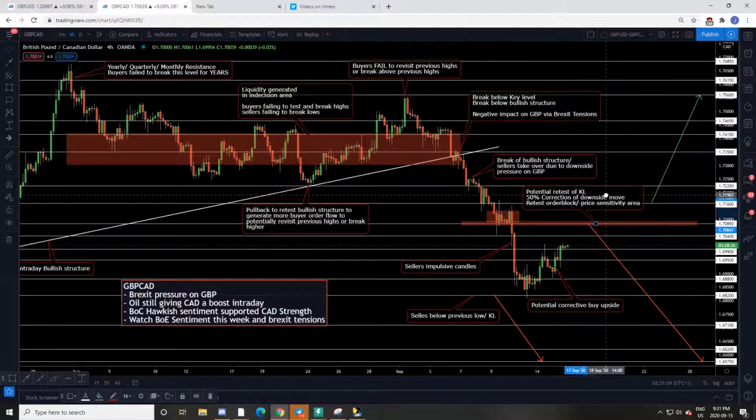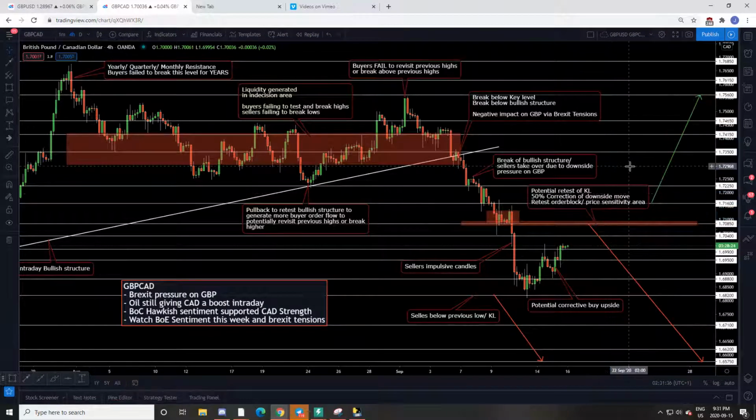For me to see more confidence in extending buys on GBP CAD, we would need more Brexit optimism, a hawkish sentiment from the Bank of England when we look at their meeting minutes, continued strong UK data, as well as oil to turn more bearish to wave off some Canadian dollar strength, and price to break above higher than a 50% correction of the downside move and come above this order block area and correct the sellers' impulsive candles on the downside, right?